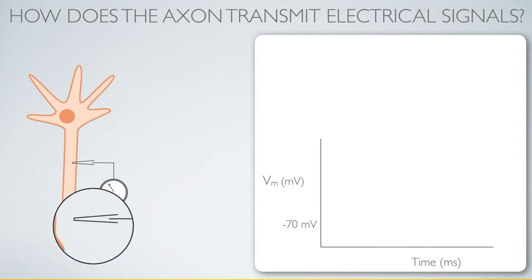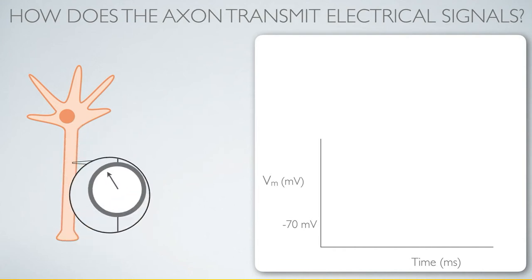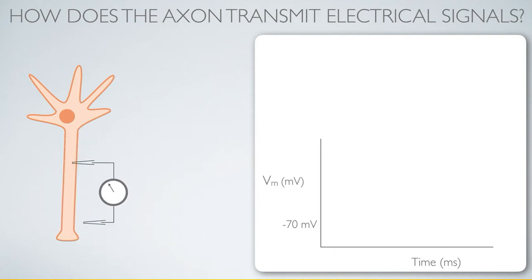Okay, that's the reference electrode, and so a comparison between our 2 electrodes is what we get on our voltmeter. And that's what we see on the graph on the right, where we have the membrane potential in millivolts, and we see that at rest, we begin with a value of minus 70 millivolts, a typical resting membrane potential.